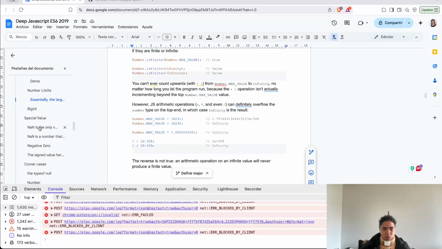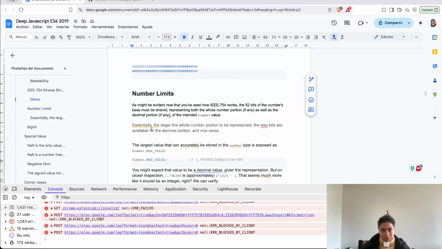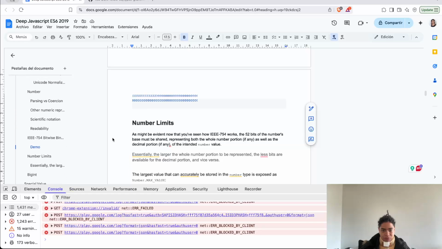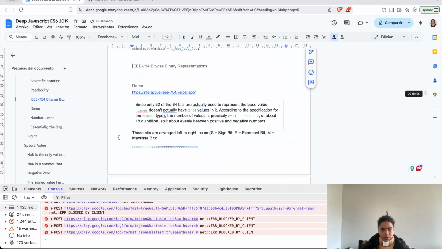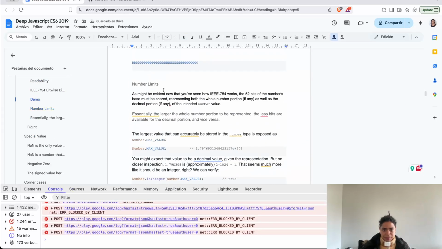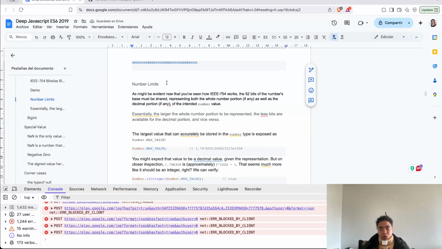And why do we even care about the number limits? Especially if you're going to work with finance applications or scientific applications and so on and so forth.